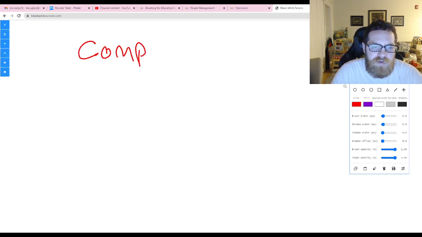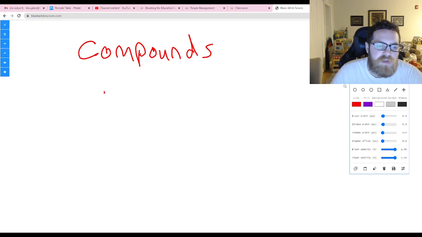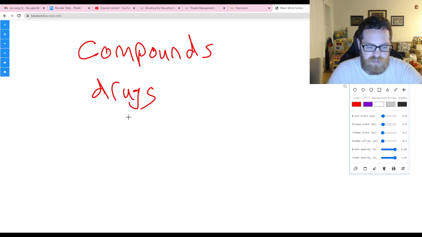And then we have compounds under our pure substances. This is the other type of pure substance. Compounds are two or more elements. These are things like drugs that we use, medical drugs, well, technically other drugs too.